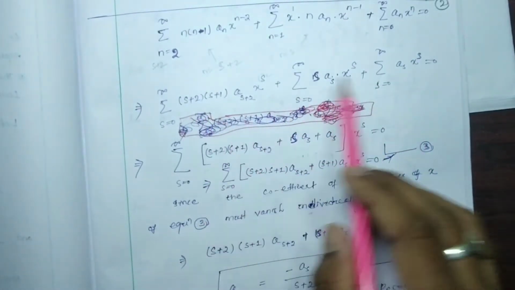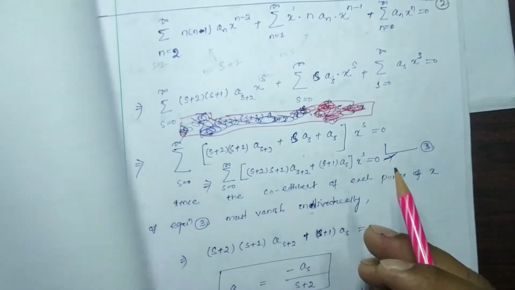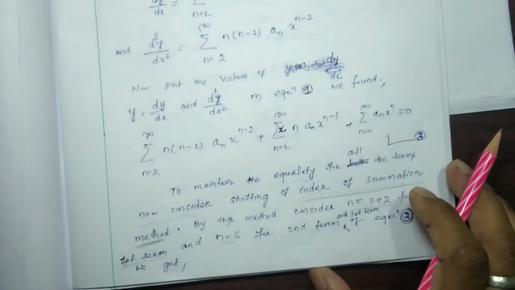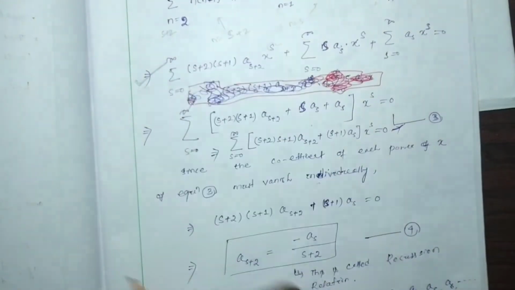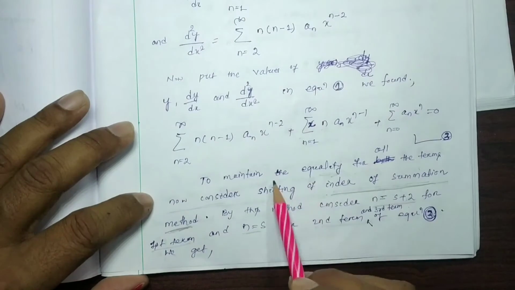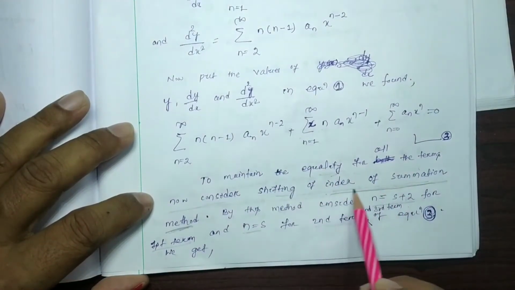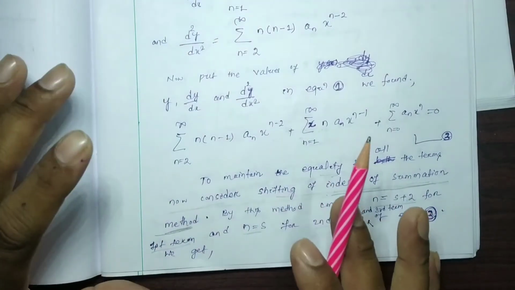So this is the method we adopted, and we found this equation, which is the so-called shifting of index of summation method. Simple method.